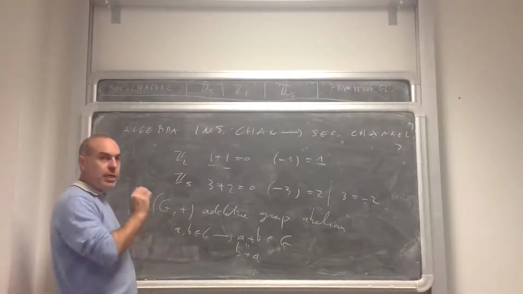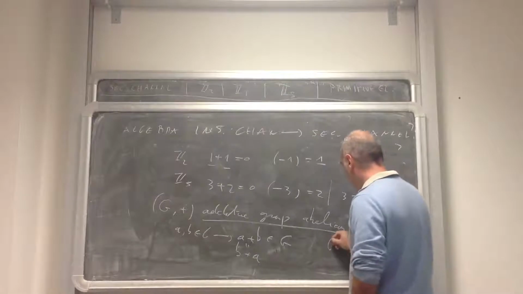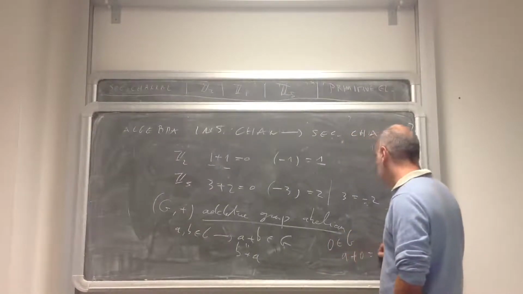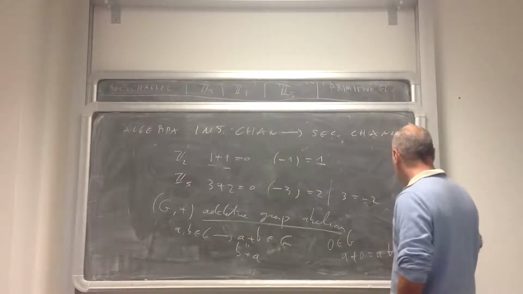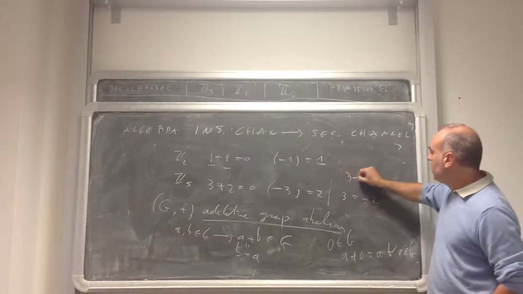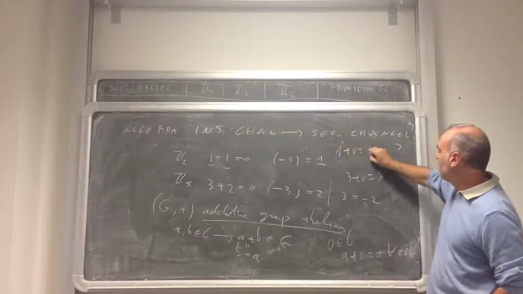Then we have a special element which is called 0. 0 means that A plus 0 is A for any element. Also here in Z5, 3 plus 0 is 3. And the same here, 1 plus 0 is 1.